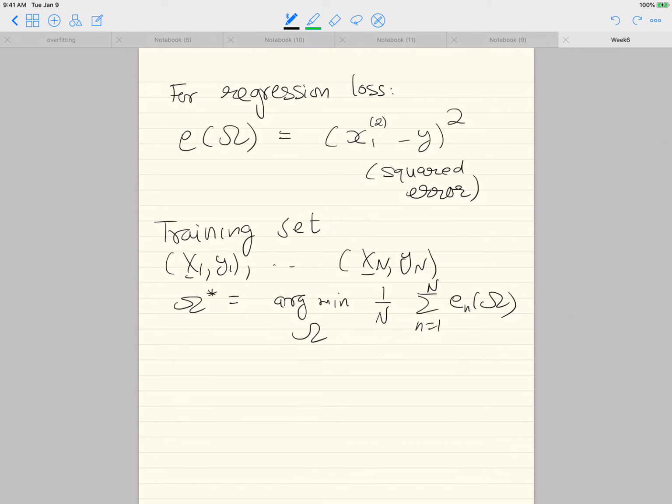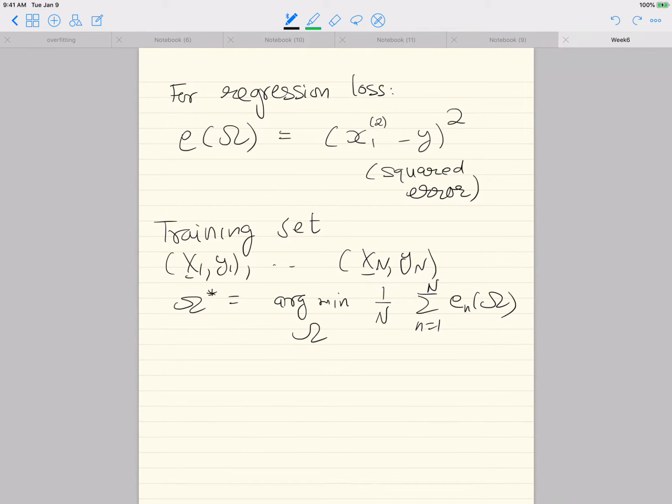Right? This is the average error we get on the training set. If you apply the loss function to the first example, you will get E1 of omega. If you apply it to the second example, you get E2 of omega, and you want to minimize the average loss. This is always how we work in machine learning.